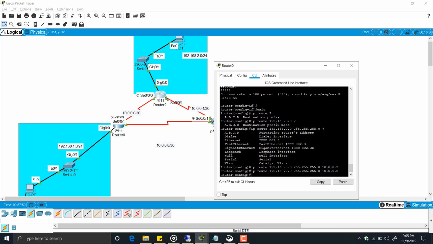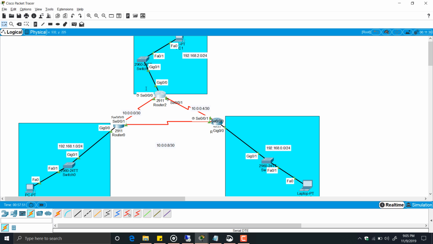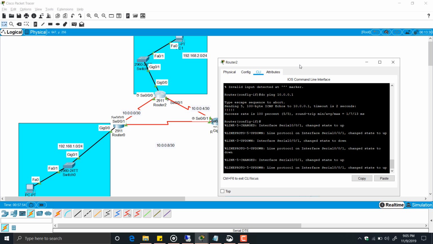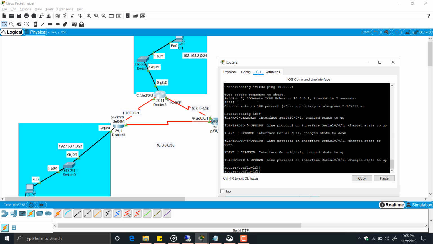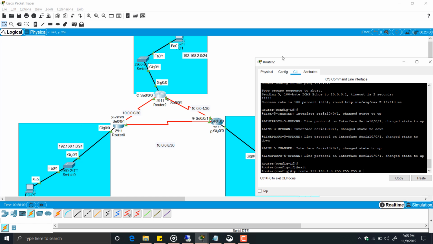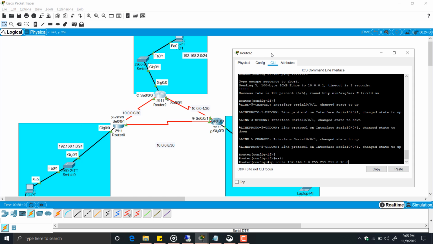Okay, now we're going to do the same thing for everything that is looking to this direction. All right, and now for the last router, and for this to work, all routers have to be configured. Okay, so IP route 1.0, the mask, and my next hop is going to be that 10.0.0.